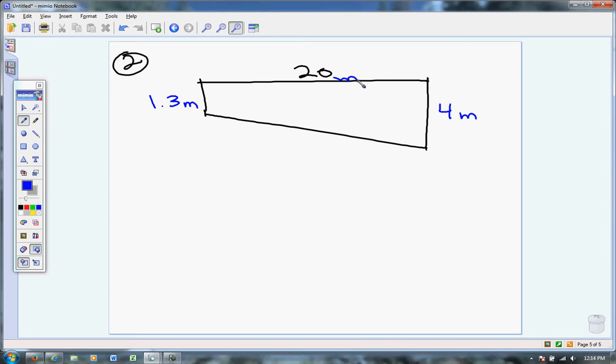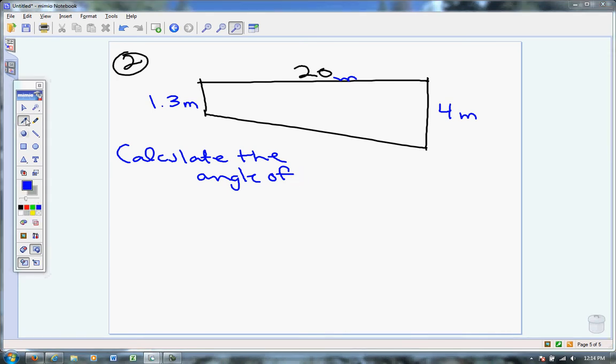Now, let's say I wanted to calculate the angle of, not elevation, I'm sorry, angle of depression to the deep end.